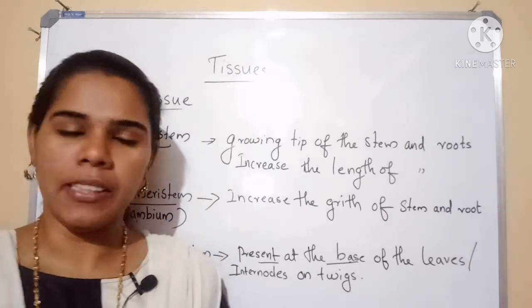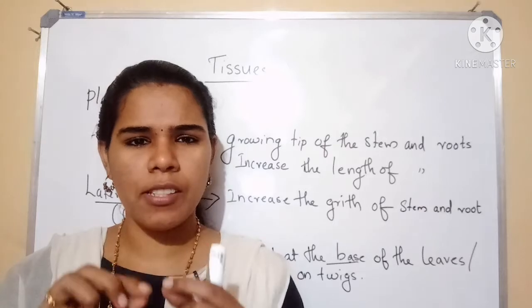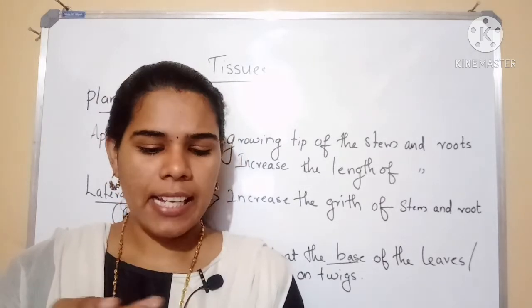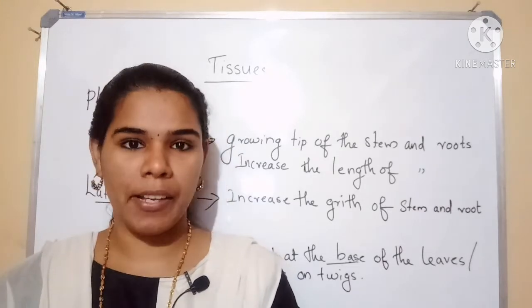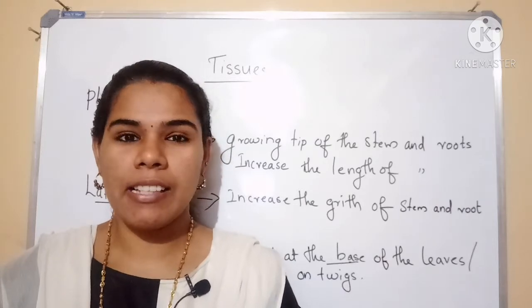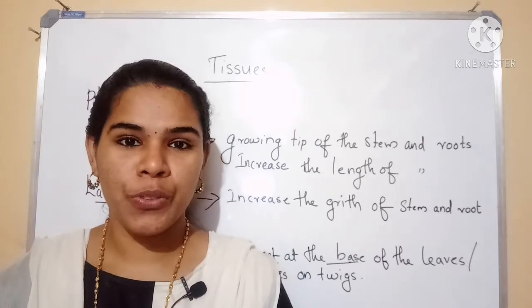For example, take a small herbaceous stem, cut it into small pieces and observe it under a microscope. How will you recognize meristematic tissue and permanent tissue?